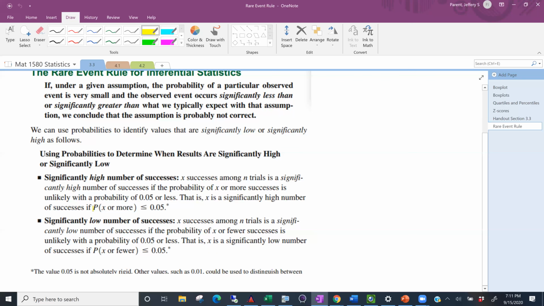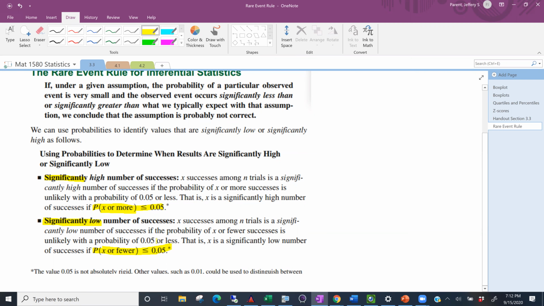So your event has a significantly high number of successes, and I want to stress significantly high number of successes, if the probability of that many successes or more is less than 5%. And conversely, a significantly low number of successes if the probability of X or fewer, so like in our case with problem number 12, 5 or fewer, is less than 5%.